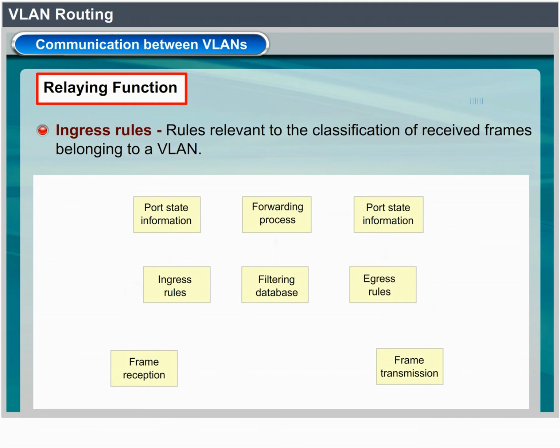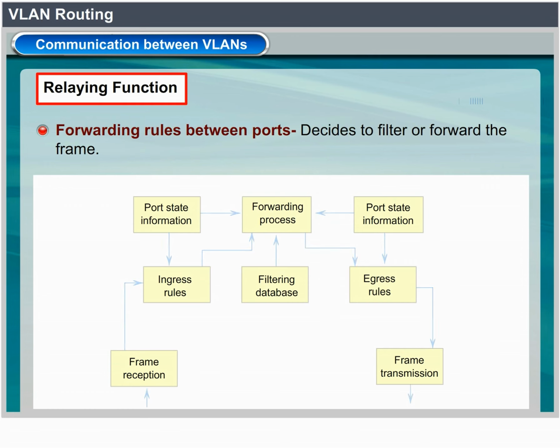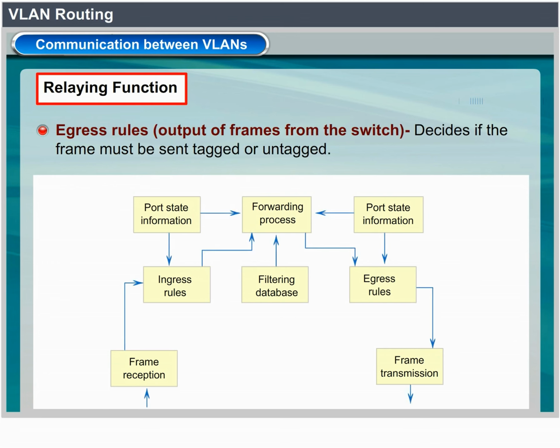Forwarding rules between ports: decides to filter or forward the frame. Egress rules: output of frames from the switch, decides if the frame must be sent tagged or untagged. Figure: relaying function. Port state information, forwarding process, ingress rules, filtering database, egress rules, frame reception, frame transmission.